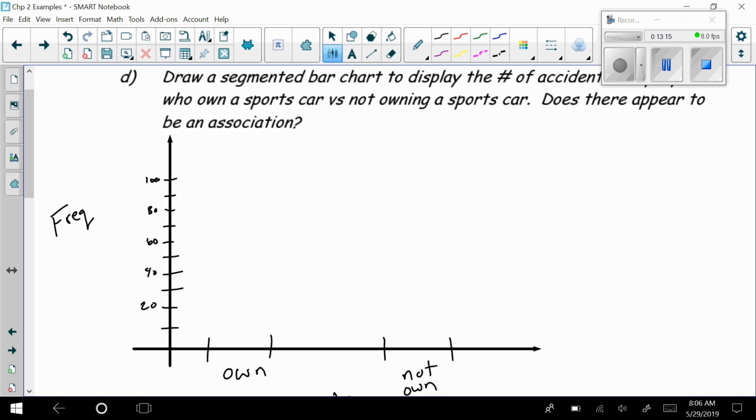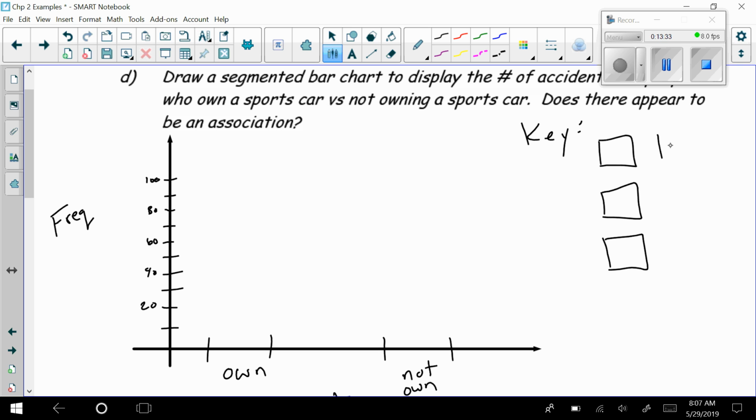Now, inside here it says own a sports car, not own. So here on the own, I'm thinking about splitting this up as 3 different things, so I need a key. Why 3 different things?